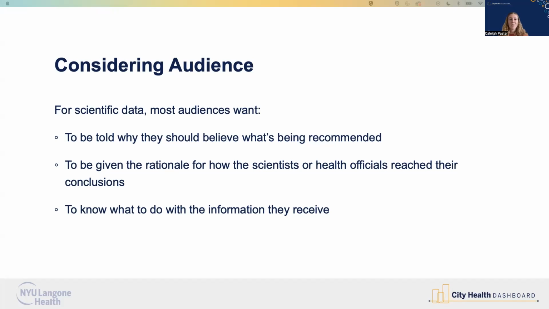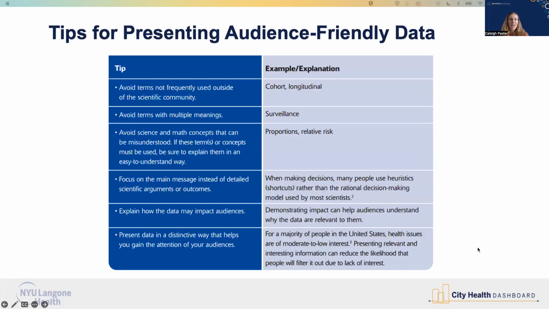You want to make sure that they believe what they're being recommended, that they understand your rationale behind it, and that they walk away with the so what: why is this information important for them? This sort of communication can vary if you're talking to a scientific audience versus an everyday community member. So you really want to be keen on who your audience actually is for this particular piece of data that you're trying to communicate.